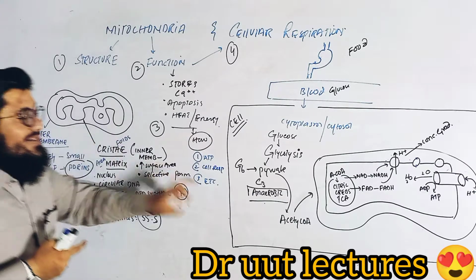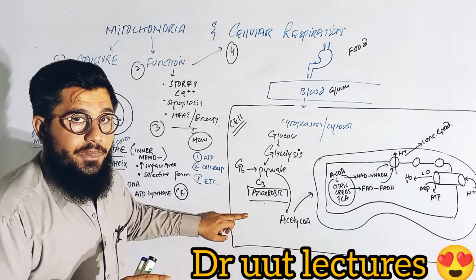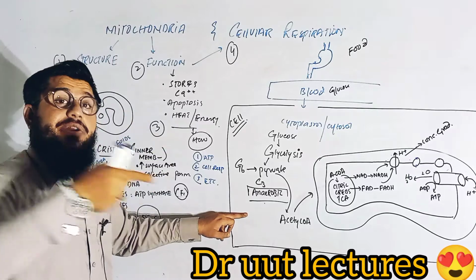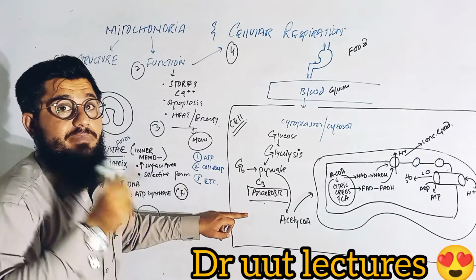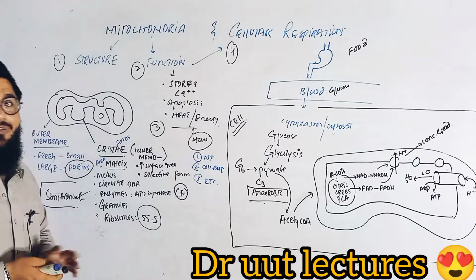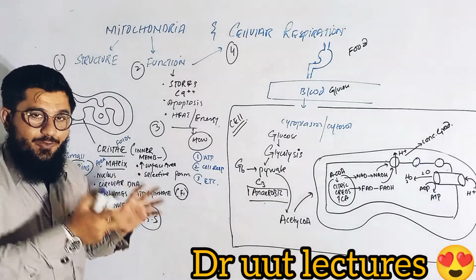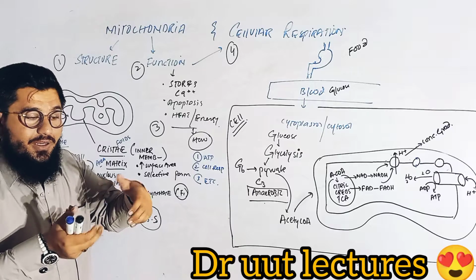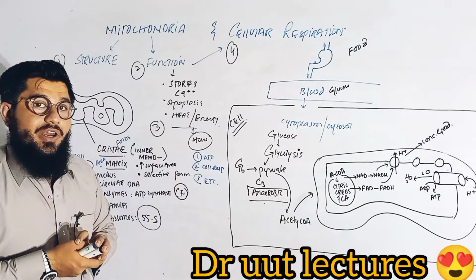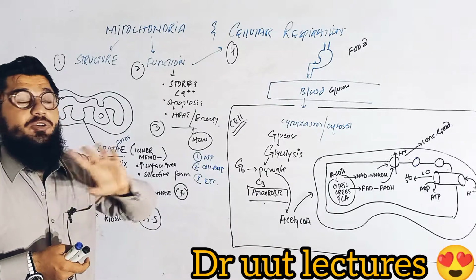mitochondria. Our cell also has a nucleus, but the mitochondria also have a nucleus. Mitochondrion is singular, mitochondria is plural.